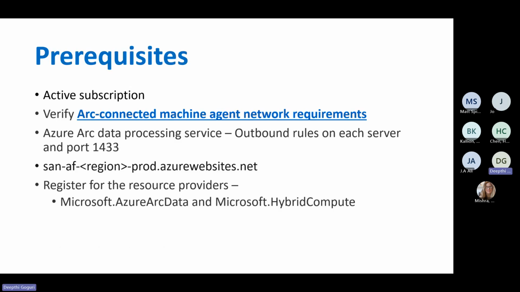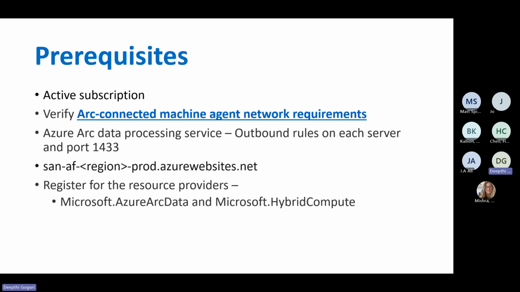So there are certain prerequisites. Of course, you need an active subscription, and also there are a couple of prerequisites like the Arc connected machine agent. To install the machine agent itself, you need to have some networking requirements.